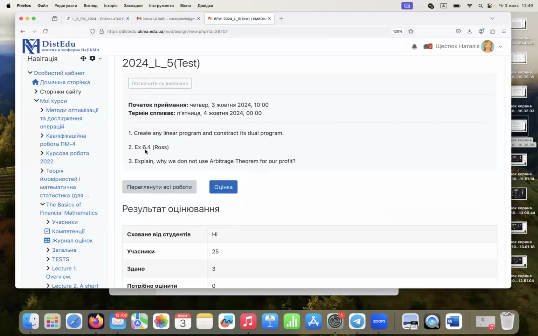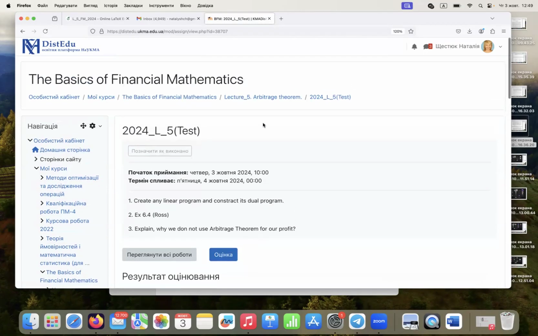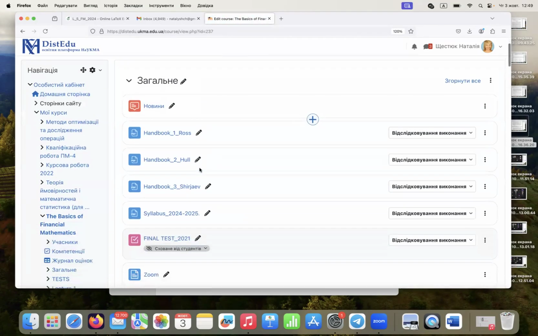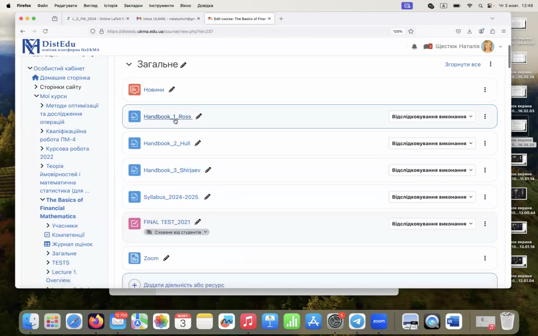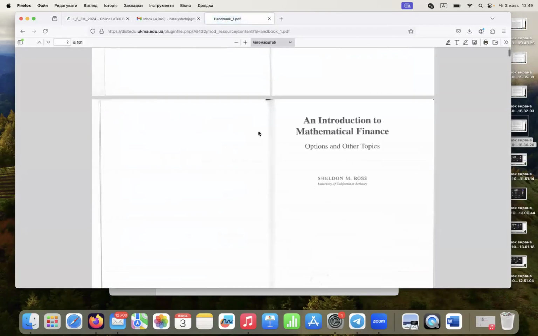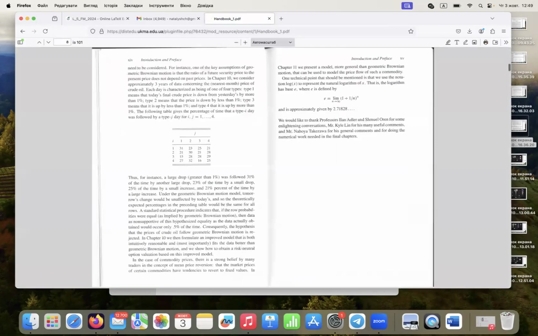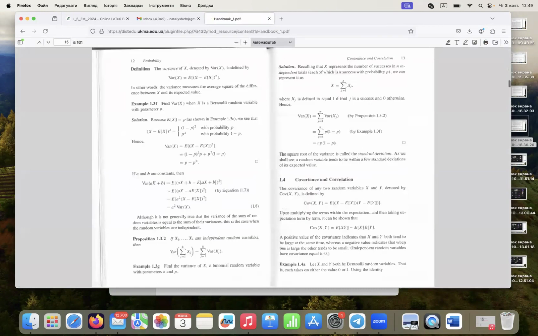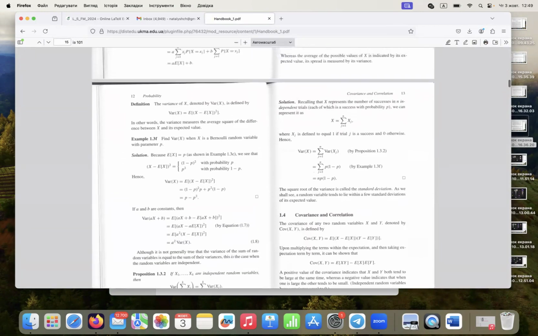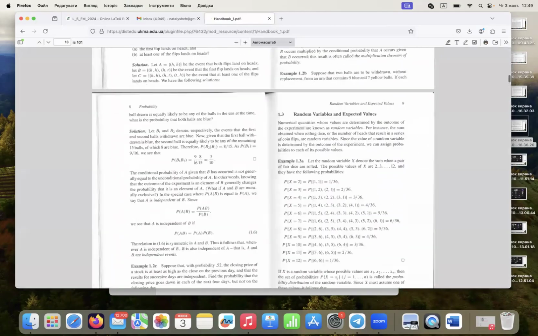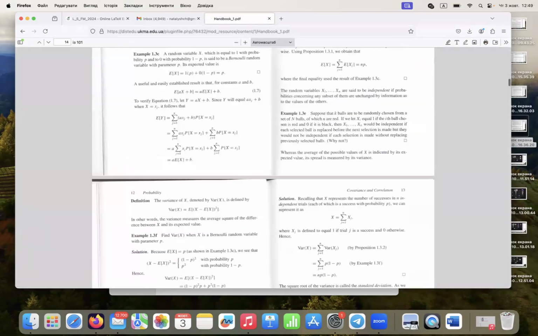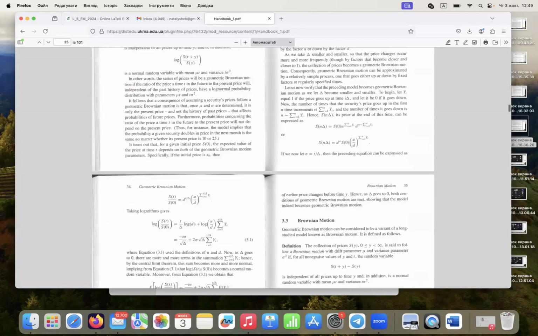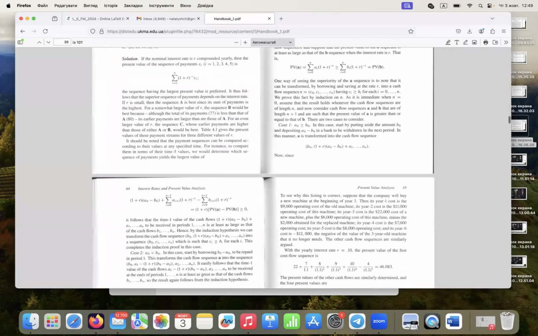So exercise 6.4, you can find this handbook on this to-do. What is the page?